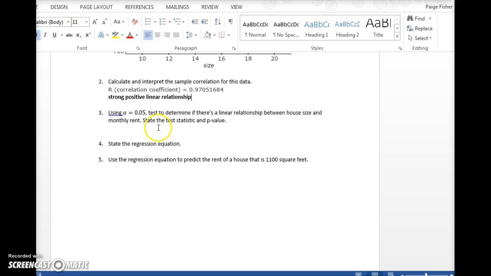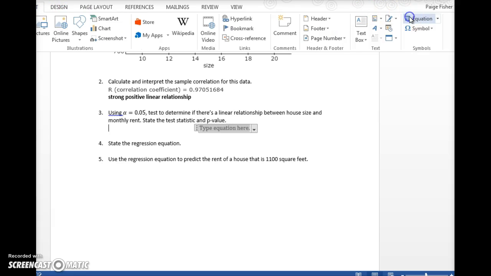So then for number 3, we test to determine if there's a linear relationship. Now we know in the data that there's a strong linear relationship, but the question with the hypothesis test is, can we determine that there is a linear relationship in the population? So we need our hypotheses. That's going to be just like insert the equation.